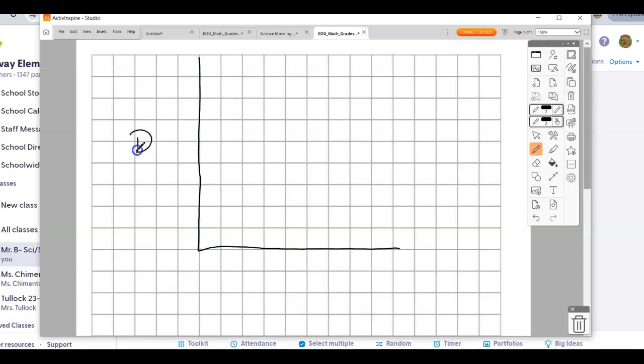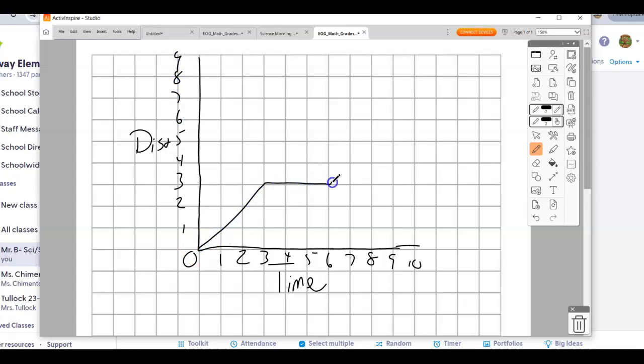So I'm going to tell you this is a distance time graph. We'll do the time in minutes.